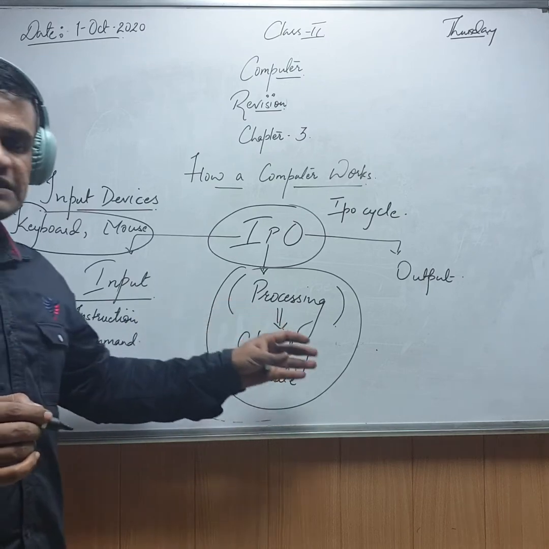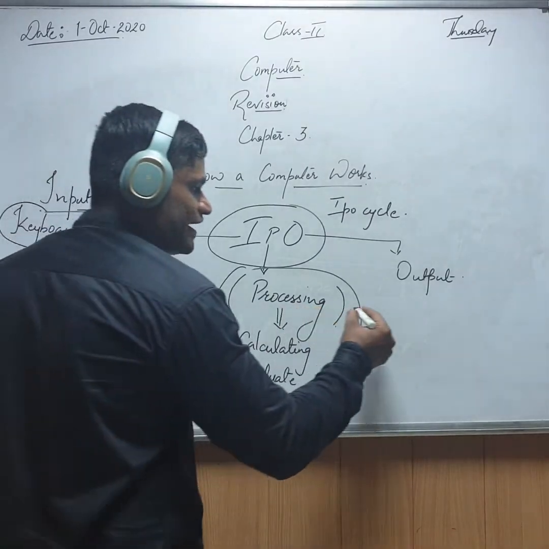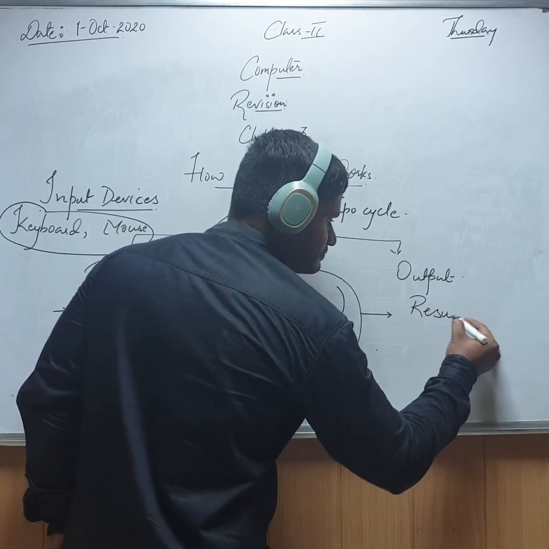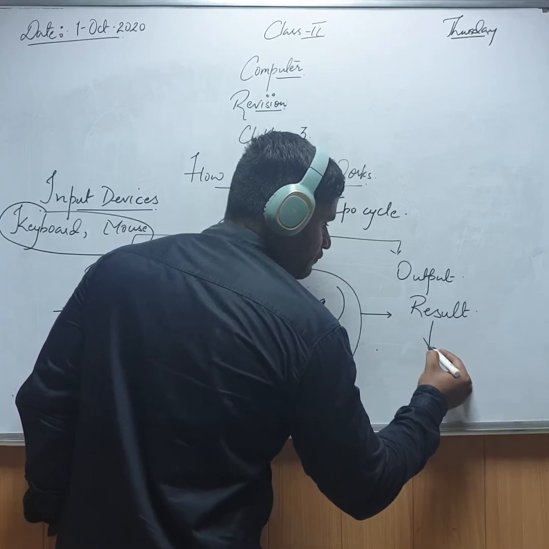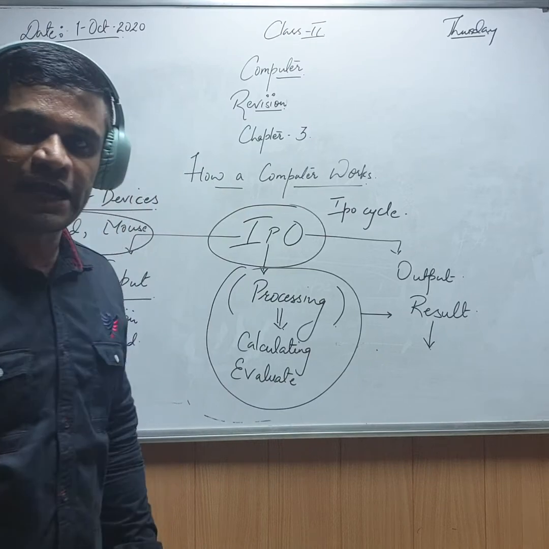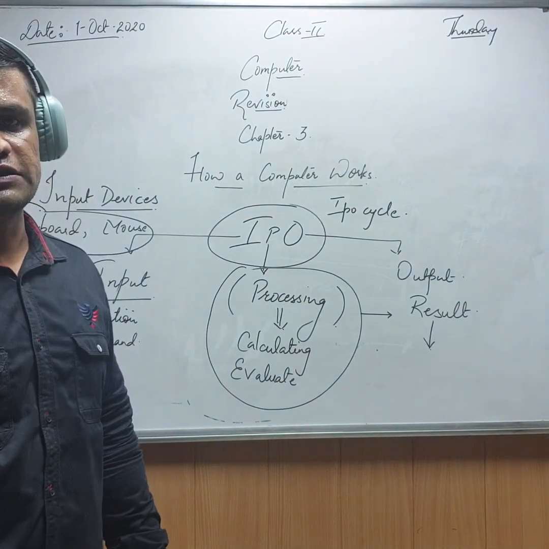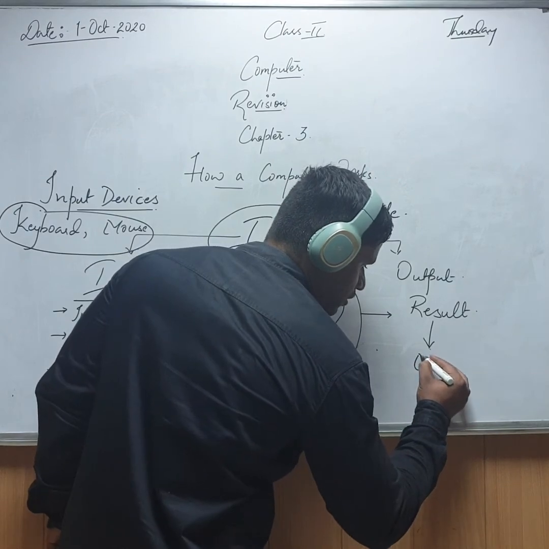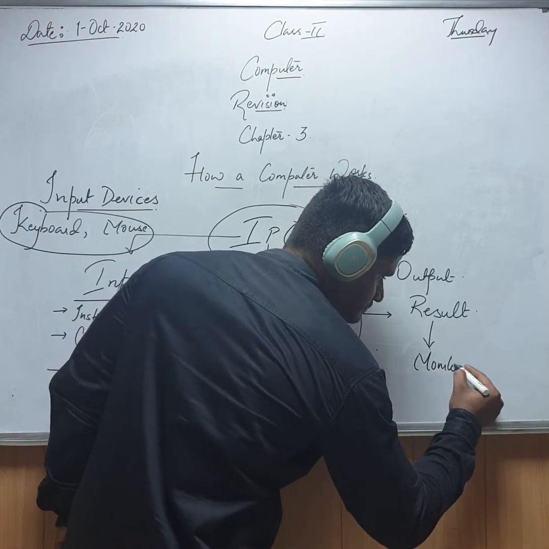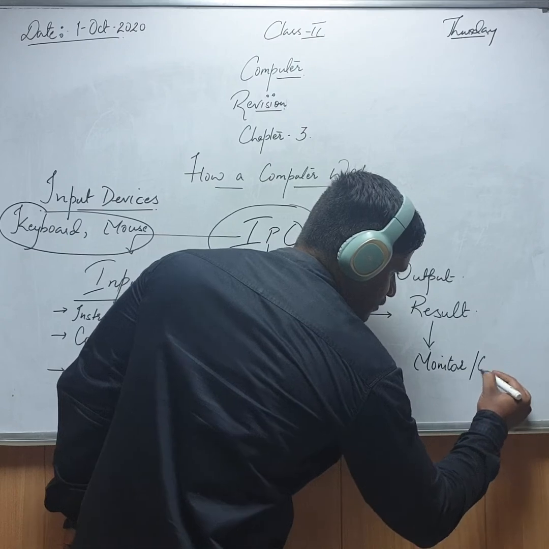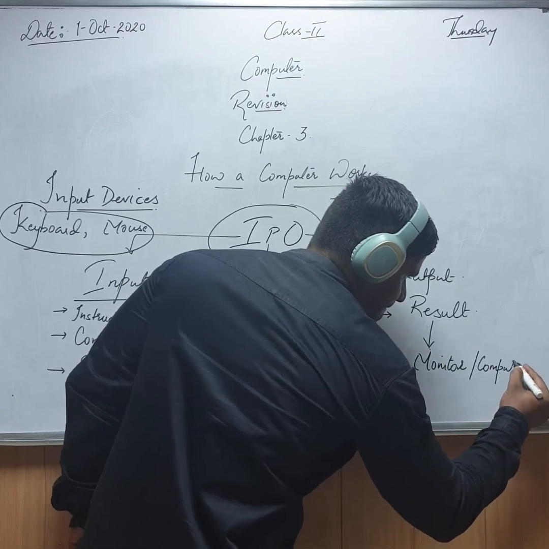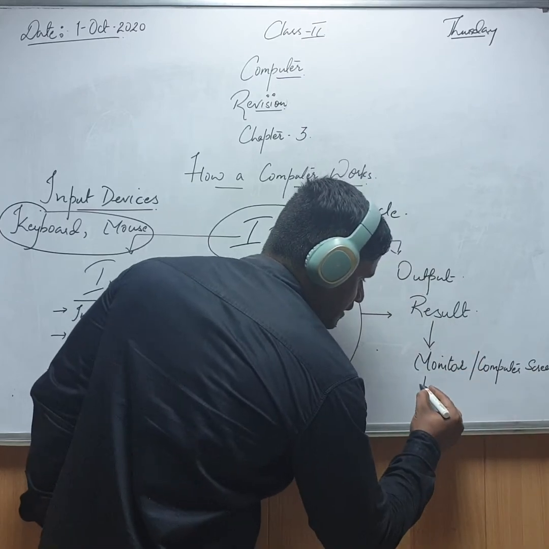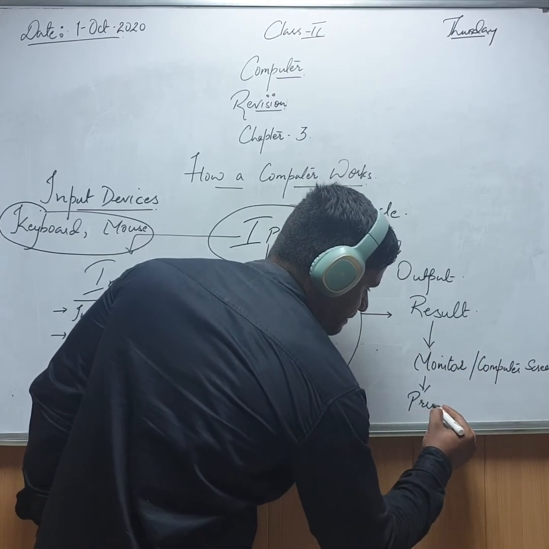Once the step of processing is completed, it generates an output, which is the result which we can see or take a printout of by using certain devices. Basically, our output is shown on the monitor, that is the computer screen, or if you take a printout, it can be a printer.